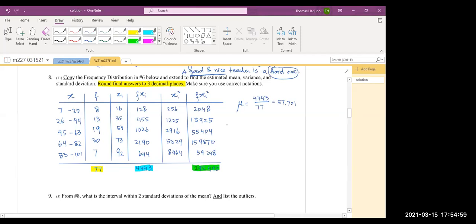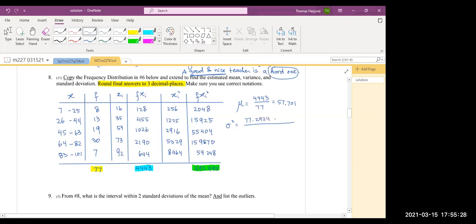And then about the variance, tell me what to write. So it's going to be the 77 times the 292,495, 292.